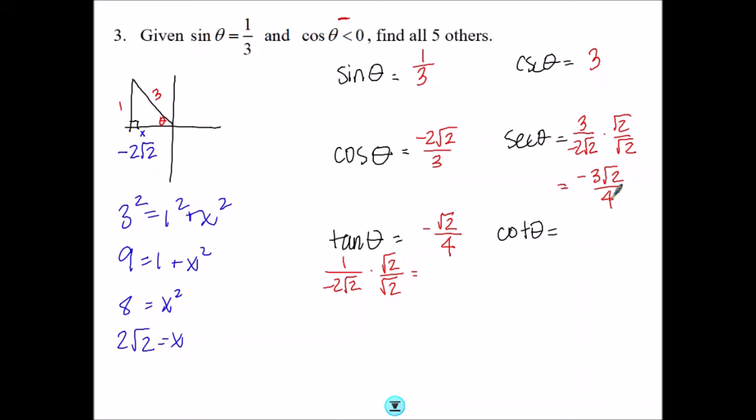Then, when I find cotangent of theta, I'm going to go back to the original ratio that I used for tangent of theta and do the reciprocal of that. So I just get negative 2 square root of 2. That way I have less rationalizing to do than if I did the reciprocal of my final answer for tangent.